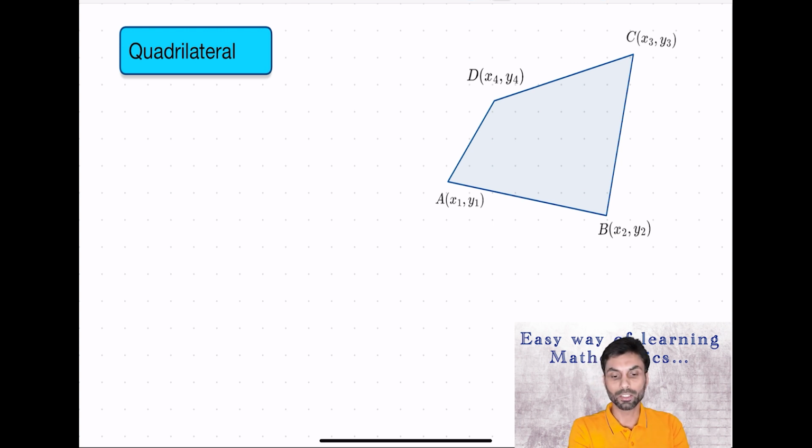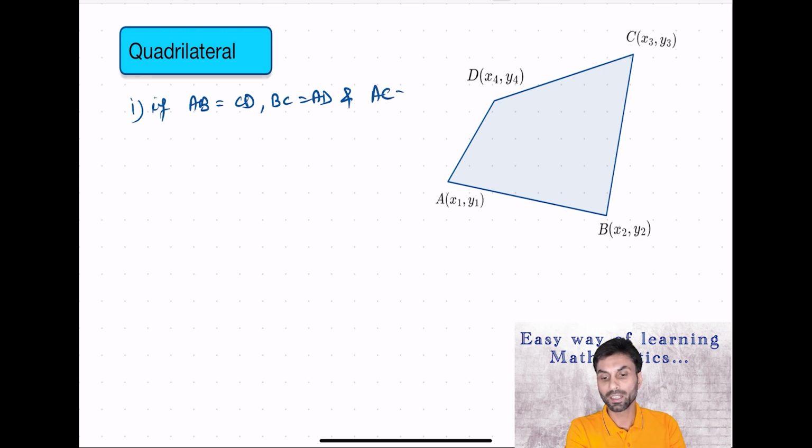Let's talk first about the case where we have opposite sides equal, that means AB equals CD, BC equals AD, and the diagonals AC is not equal to BD, then the quadrilateral is a parallelogram.